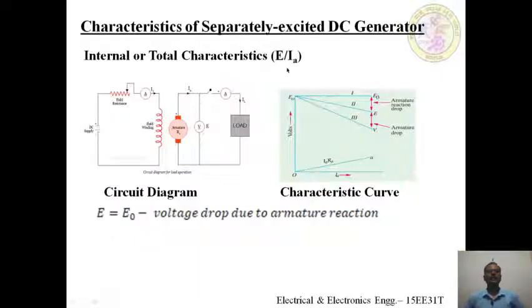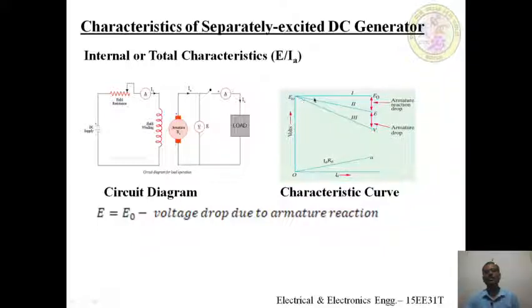Now we'll see the internal or total characteristic curve, which is the curve drawn between actual induced EMF E versus IA. Consider E0 as the rated no-load induced EMF produced by a generator at some fixed field current.